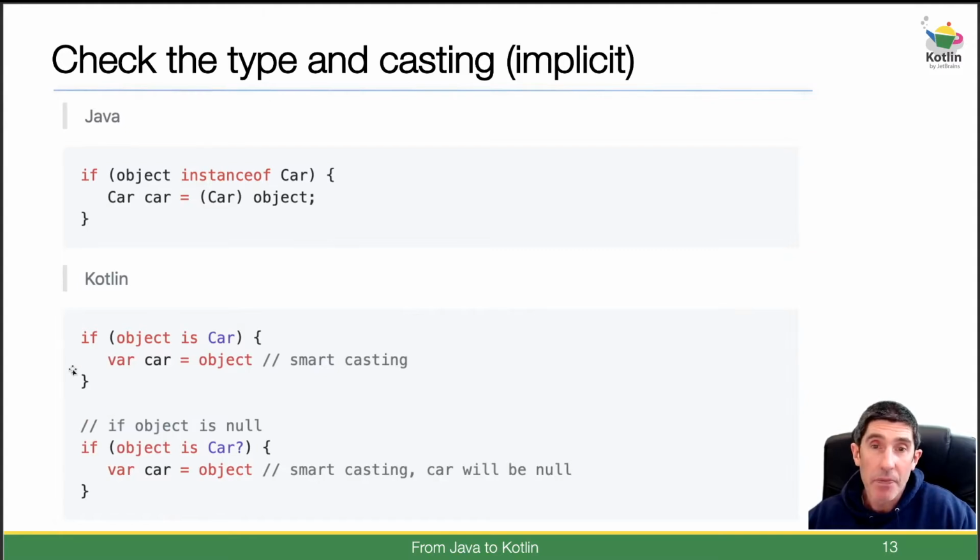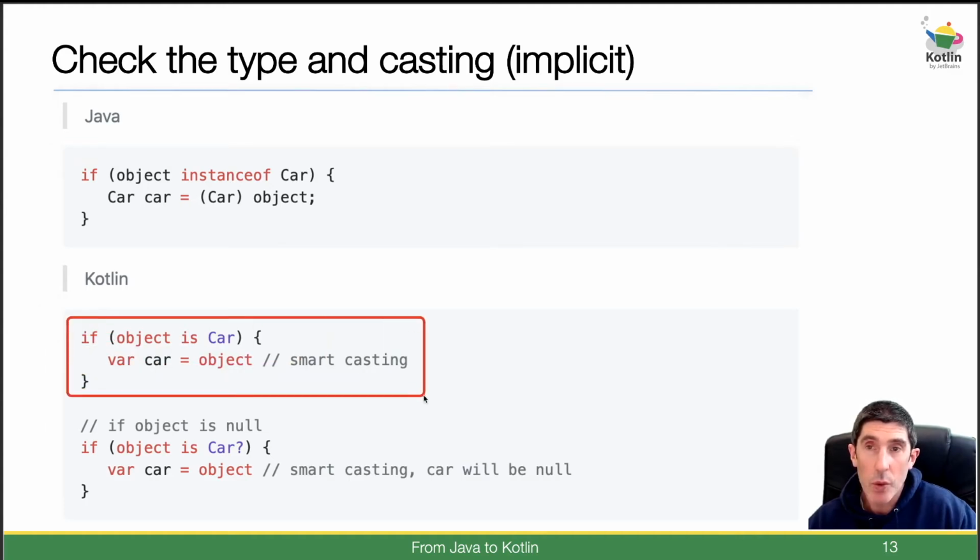The implicit cast. Okay, again a slight difference. So in Java, we can do it all internally, right, so more or less the same stuff. In our instanceof, Kotlin is quite nice, so we don't have to explicitly say what type it is. We don't have to use the as at all.